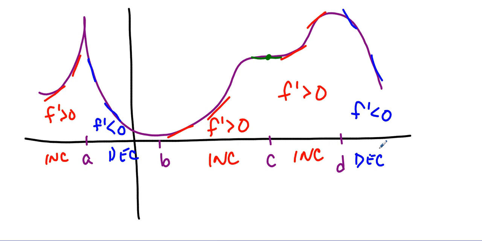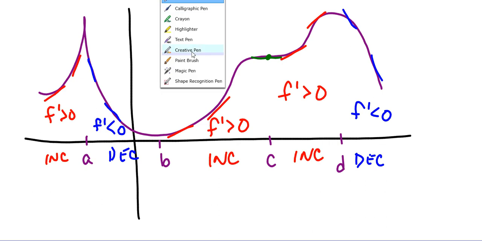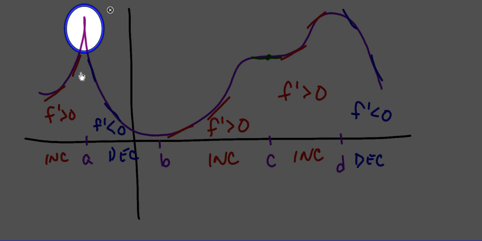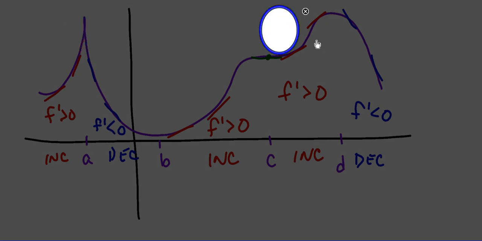So if we take a look near a max, let's say, we'll use magic pen. What happens to the derivative on either side? Well, the derivative is positive on the one side and negative on the other. If we go to this max over here, the function is increasing on one side, decreasing on the other.